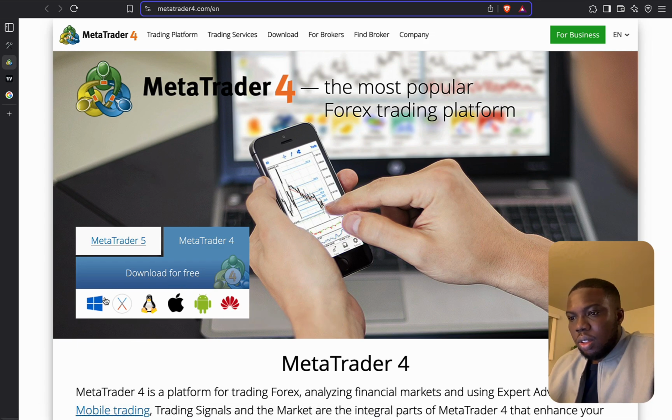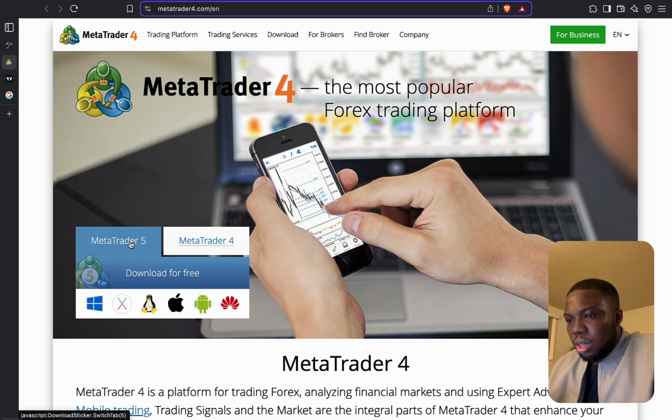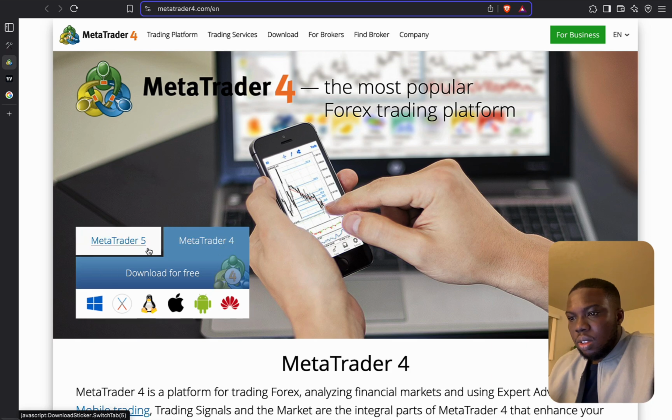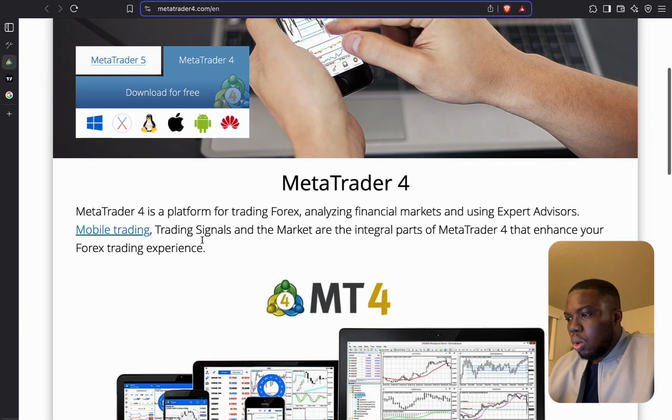So MetaTrader is downloadable on your phones, either MetaTrader 4 or MetaTrader 5. Now what's the difference? MetaTrader 4 is an older version.